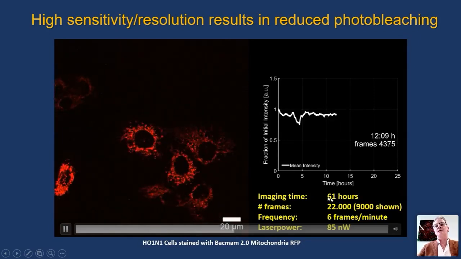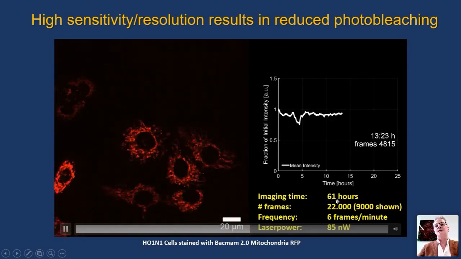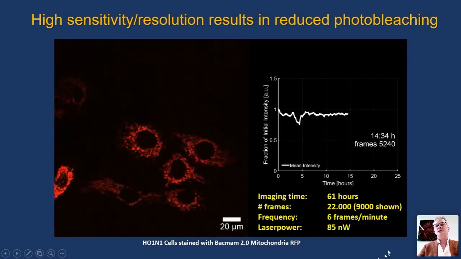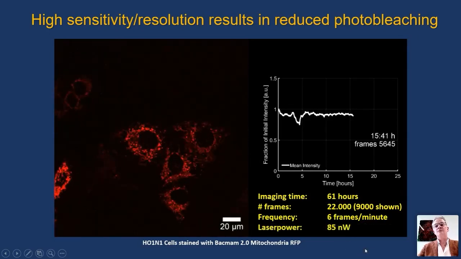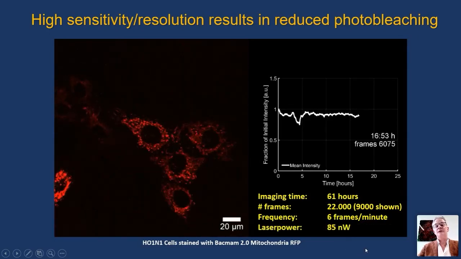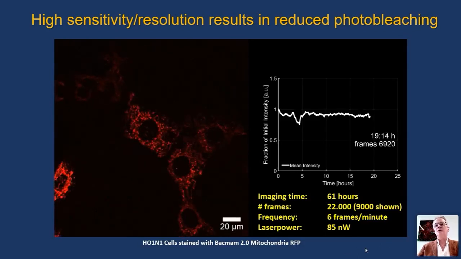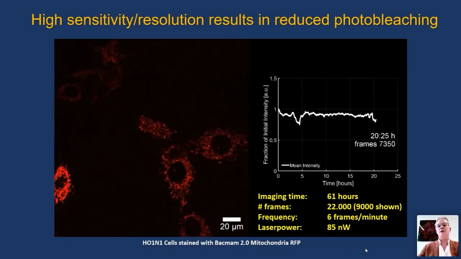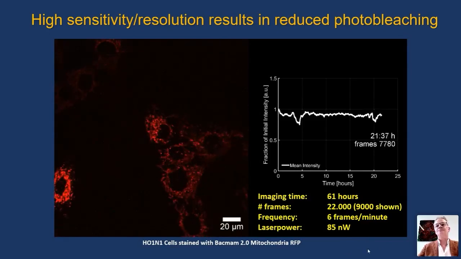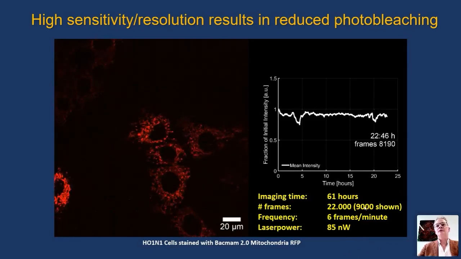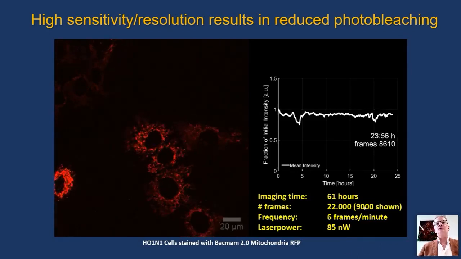The whole series is 61 hours, and the laser power is only 85 nanowatts. So it's very hard to see the spot of light coming out of your objective. So it's clear the photo bleaching is almost not there.